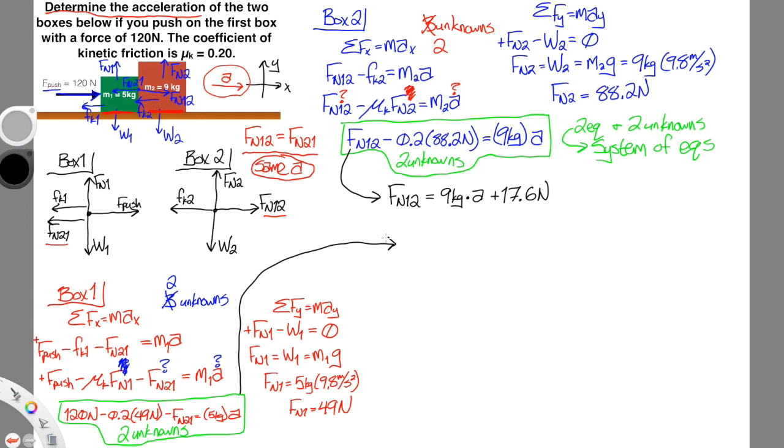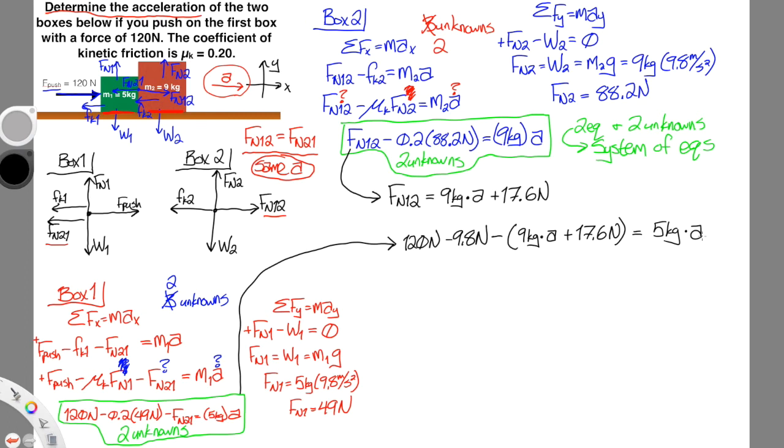So our other equation, we had 120 newtons, our push force, minus 0.2 times 4.9, so minus 9.8 newtons is our friction force number 1. Then we have minus Fn12, or minus Fn21, which is the same as Fn12. So minus, and put all of this in parentheses to be very careful, 9 kilograms times the acceleration plus 17.6 newtons, and all of that still equals 5 kilograms times A.